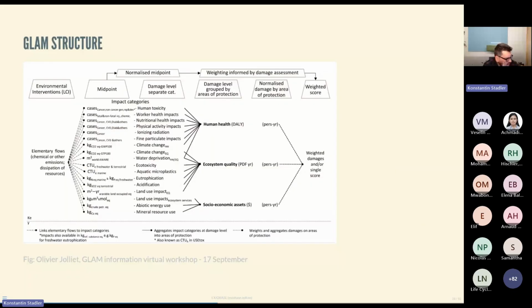And with this, in the second stage, we could link it to GLAM, which gives us several new impact categories for Exiobase. And I'm focusing here on the middle column of this figure, where we have several impacts like climate change, for ecosystem quality, we have ecotoxicity, eutrophication, acidification, and so on. And GLAM then aggregates these into 3 areas of protection: human health, ecosystem quality, and socioeconomic assets.